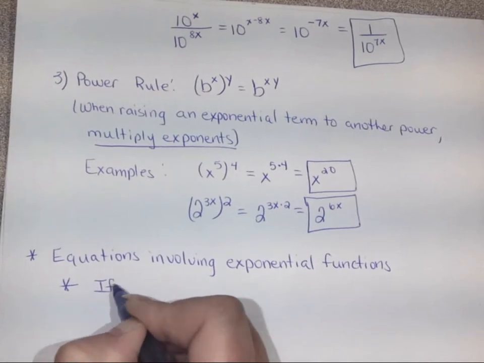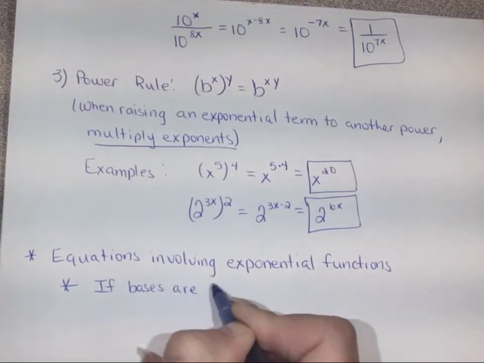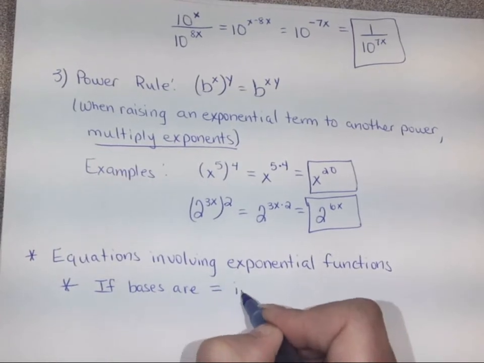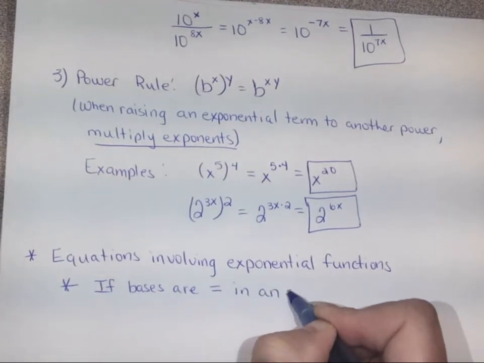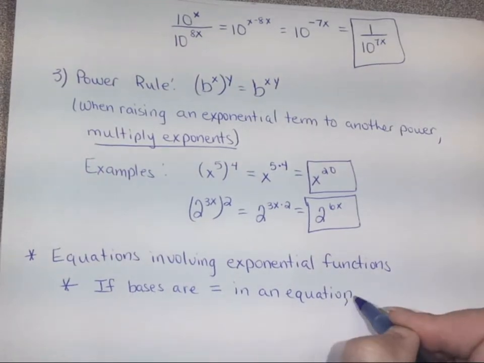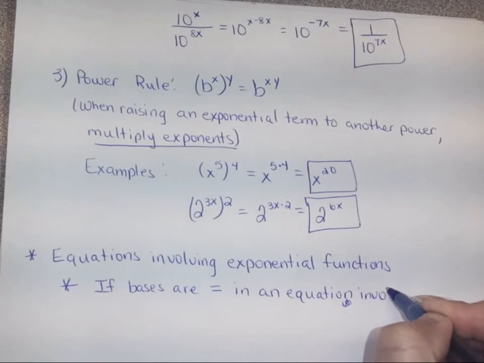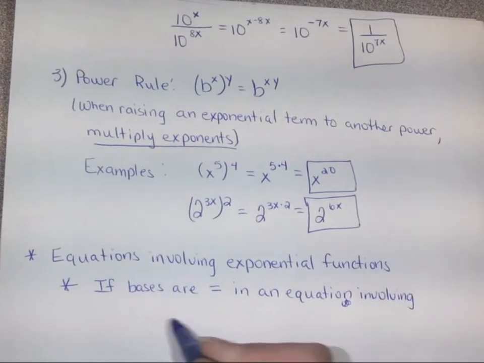So here is our first kind of strategy in solving these. If you can show that the bases are equal in an equation involving exponential functions, then the exponents must be equal too.